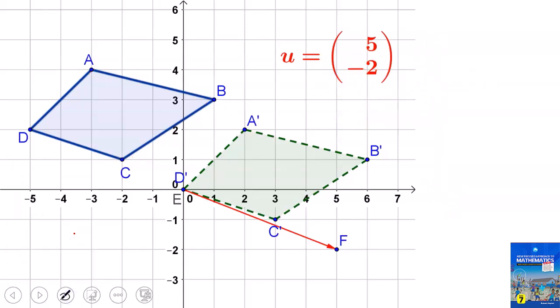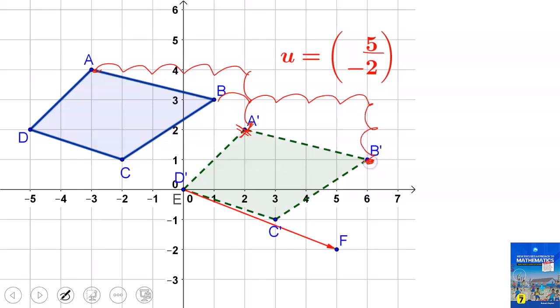So here we are going to move positive 5 and -2. For positive 5, I'm going to move 1, 2, 3, 4, 5. Then I'll go down 1, 2, and that is where my image will come, as A prime. If I take B, it goes 1, 2, 3, 4, 5, then I go down 1, 2.